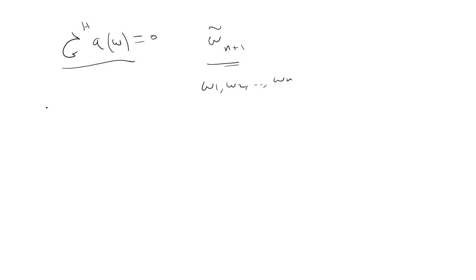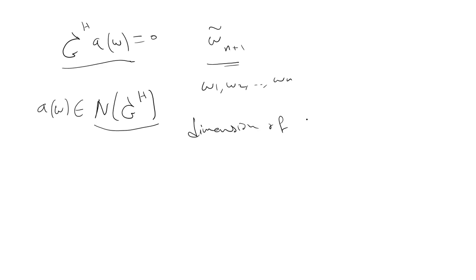Why? Because, as I said, A of omega belongs to the null space of G Hermitian. If there is a different frequency in the null space of G Hermitian, it means there are N plus 1 independent vectors in the null space of G Hermitian. That means the dimension of the null space of G Hermitian equals N plus 1.